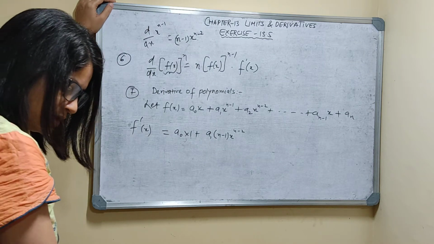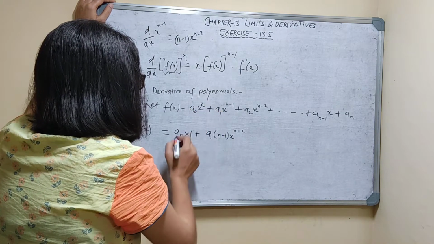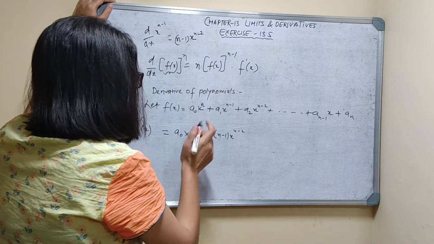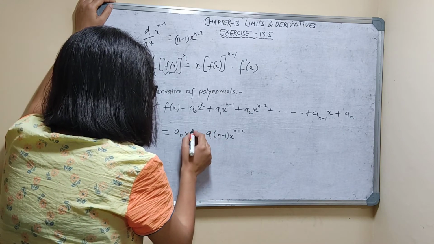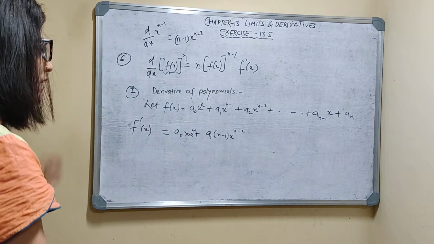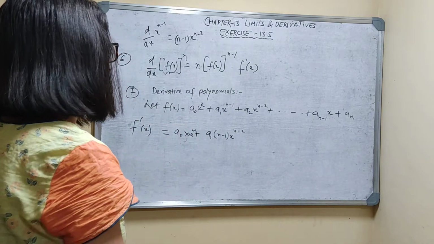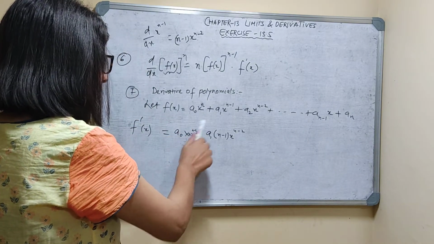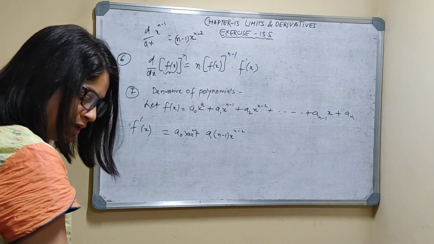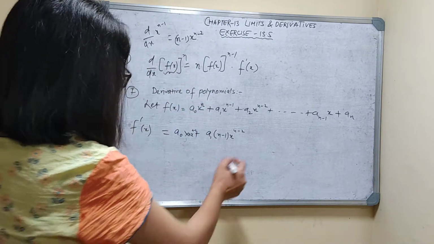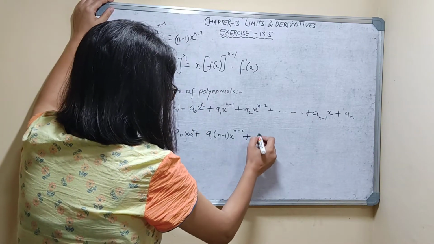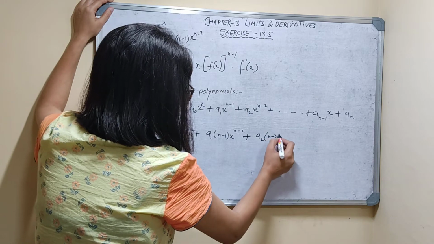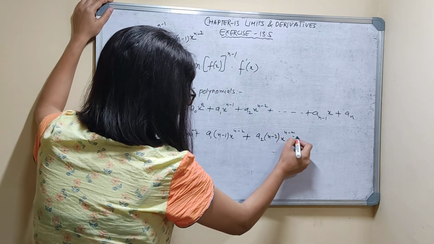A naught x power n. So here a naught n x power n minus 1. It was not x, it was x power n. So here also d by dx of x power n is n x power n minus 1. Same it will come. Plus here it will come a2 n minus 2 x power n minus 3, and so on.